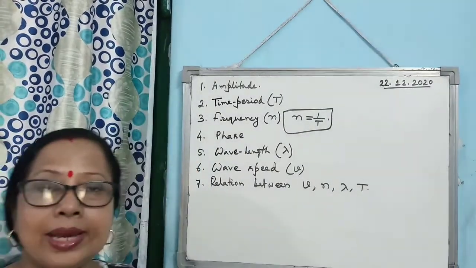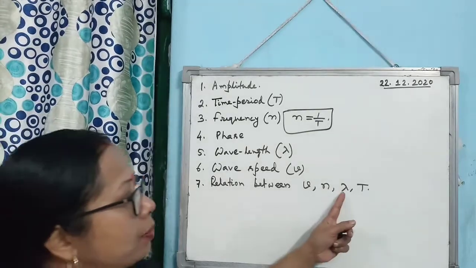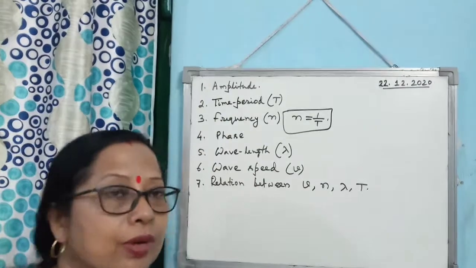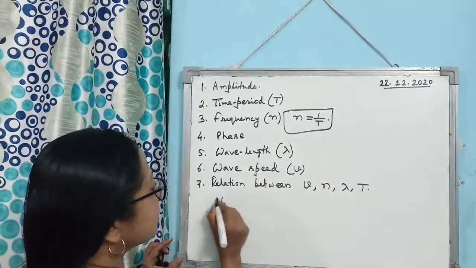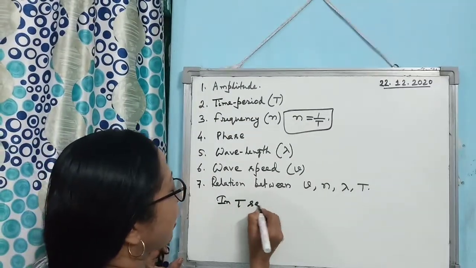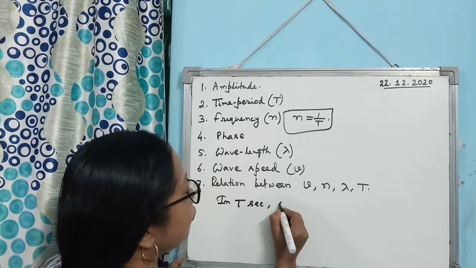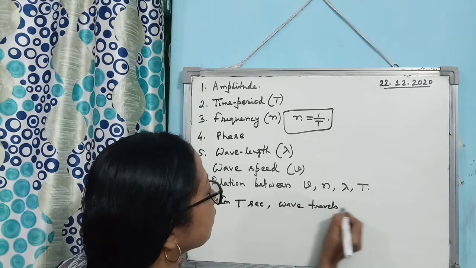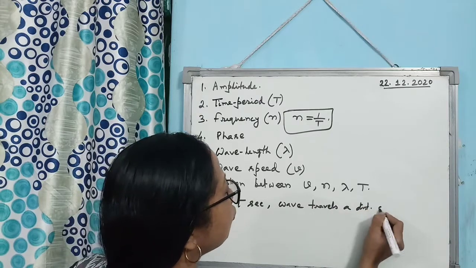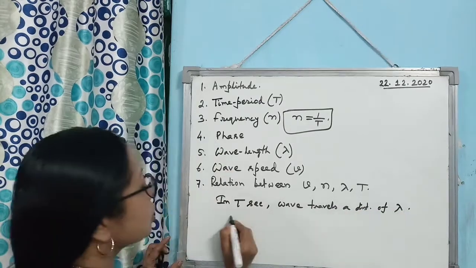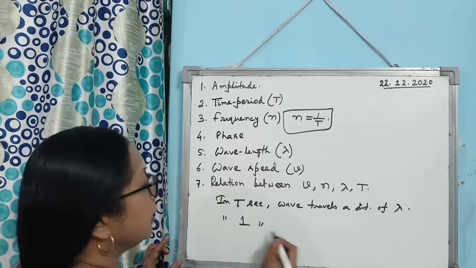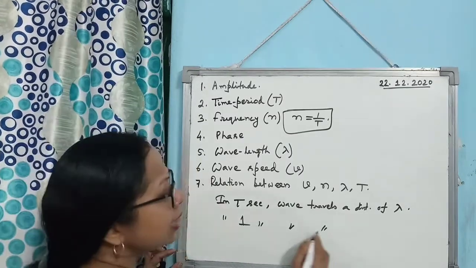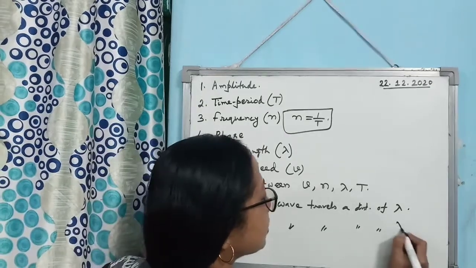How can you do it? If you consider lambda to be the wavelength of the wave and t the time period of the wave, then in t seconds the wave travels a distance of lambda. Is that clear? So in 1 second, how much will be the distance travelled?